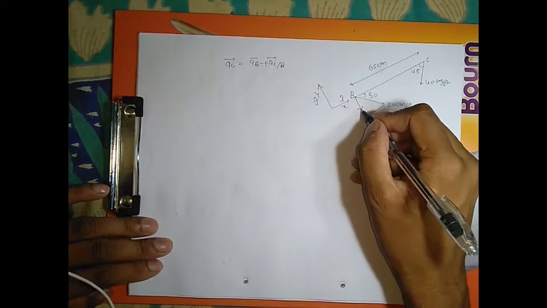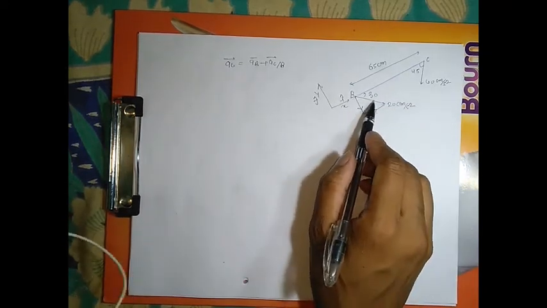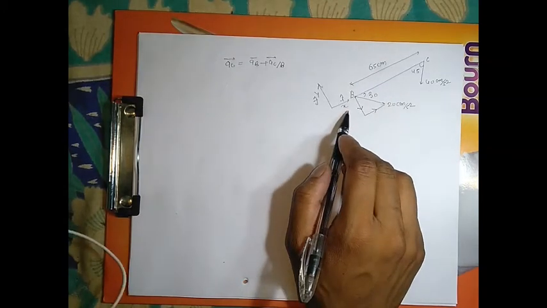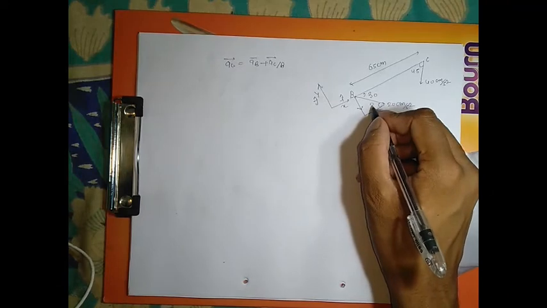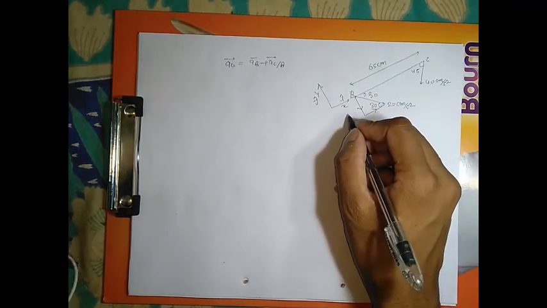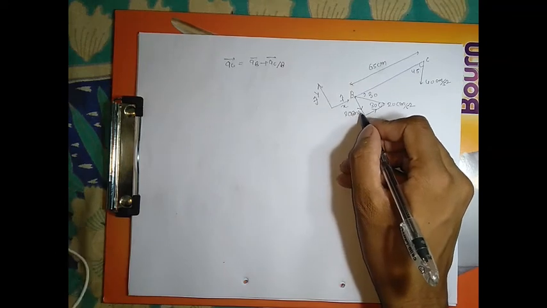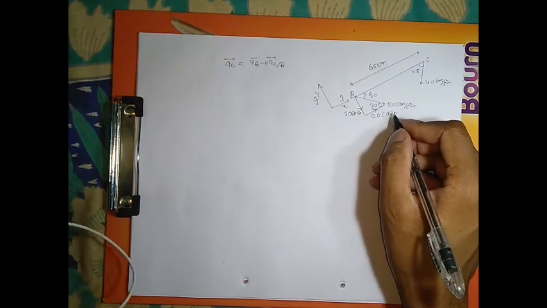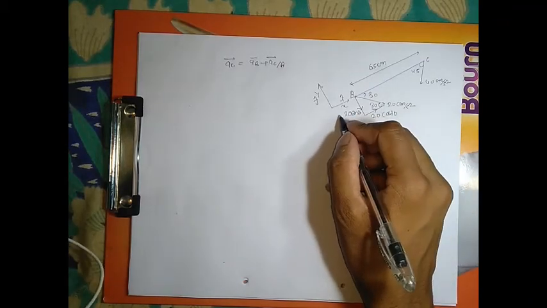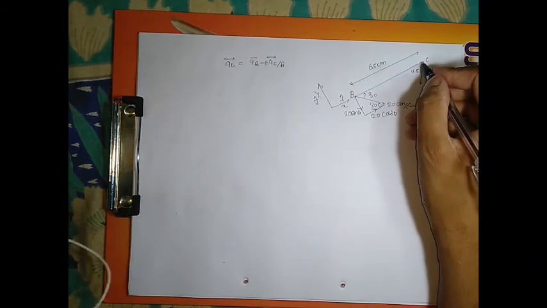Because this is the resultant acceleration of point B, we can write the 30 degree angle components: this will be 20 sin 30, and this will be 20 cos 30, and this will be in the minus j cap direction.